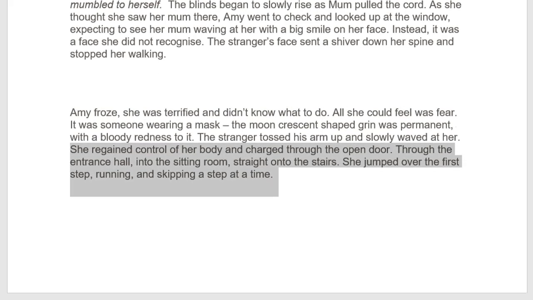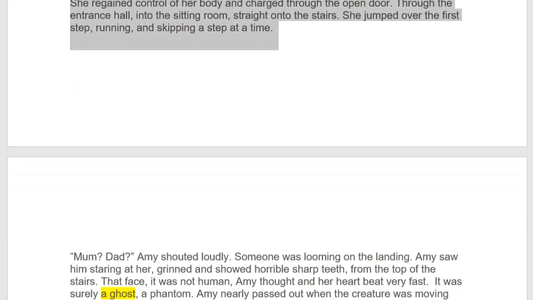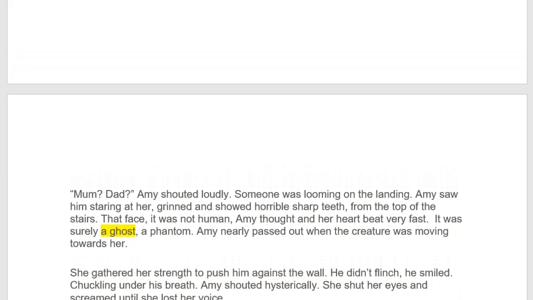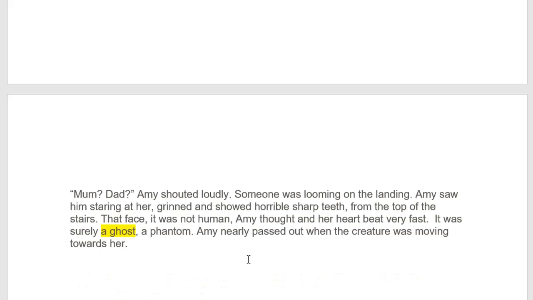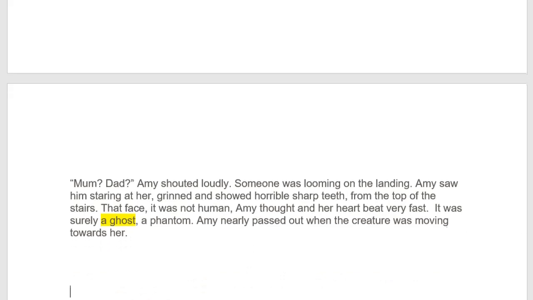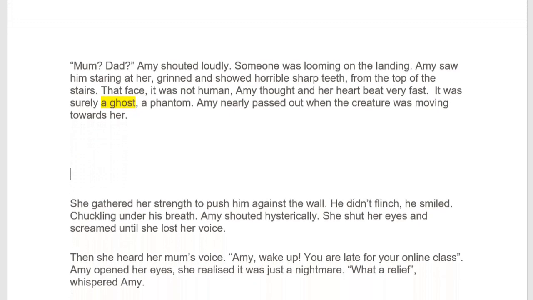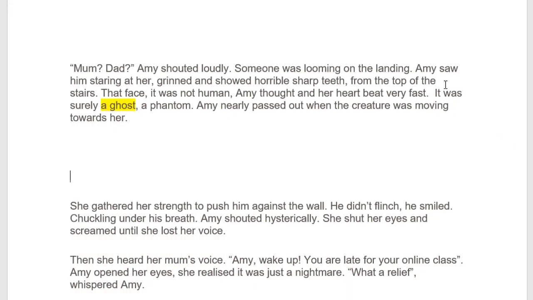Okay, next. Look at this paragraph. What happened next? Mom, Dad, Amy shouted loudly. Someone was looming on the landing. Amy saw. Okay, so use the adverb loudly. Shouted loudly. Someone was looming on the landing.